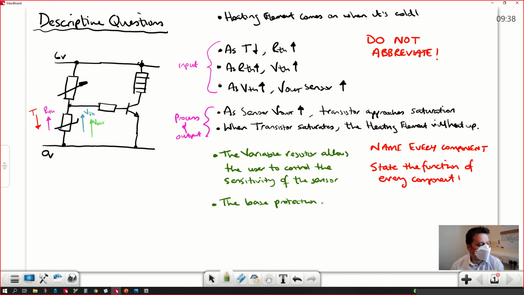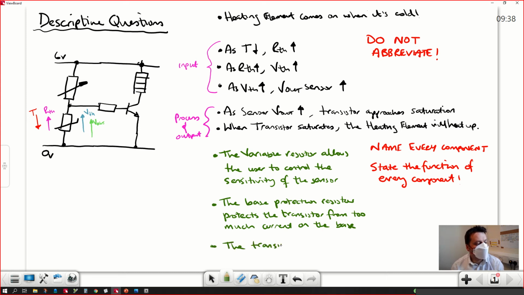The base protection resistor protects the transistor from too much current on the base. And then the last thing I'm going to put in, just for good measure, the transistor acts as a switch.